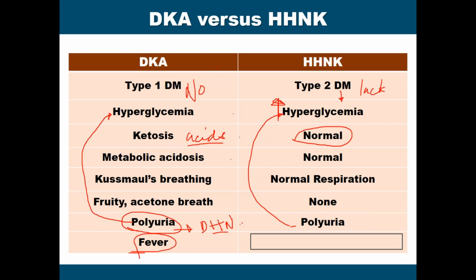Now, what happens in HHNK? The same thing happens. The patient will have fever because the patient is having hyperglycemia and increased urination that leads to dehydration. So this is the main picture of how DKA and HHNK differ from one another.